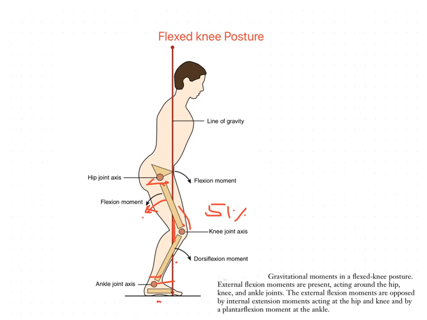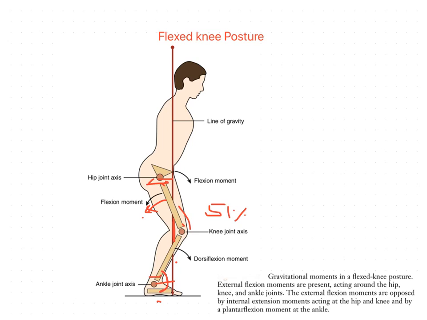That means it creates a dorsiflexion moment, that is dorsiflexion of the proximal segment, the tibia moving anteriorly. Here the foot is fixed, only the tibia, the proximal segment, is moving, which creates the dorsiflexion. That means the angle between the foot and the tibia is decreased. Okay, so that is what happens. And at the hip, the gravity line will fall anterior to the hip joint axis, you can see here.